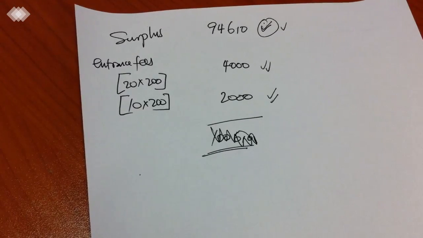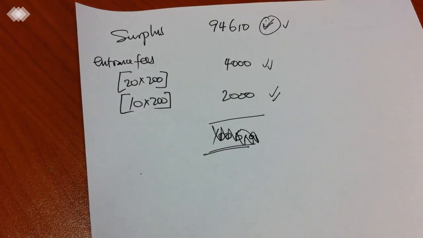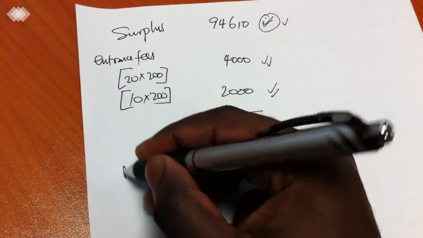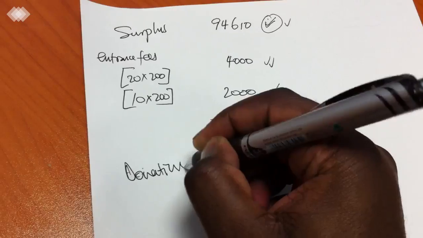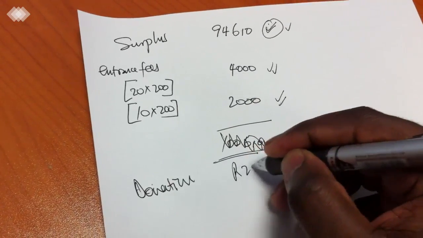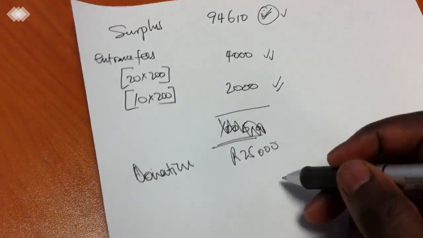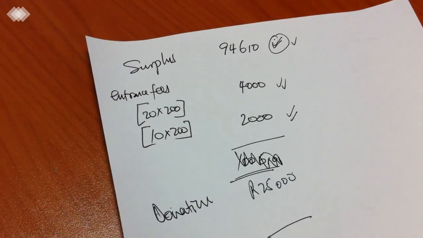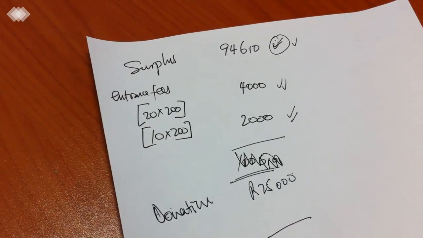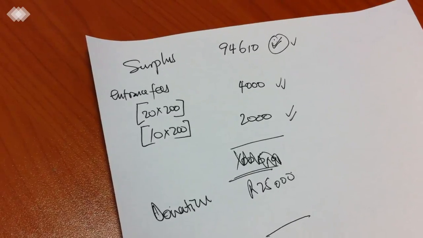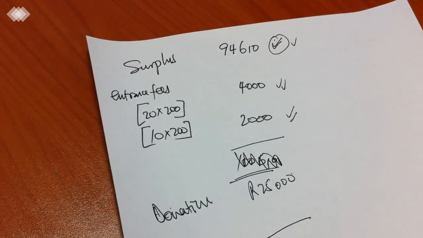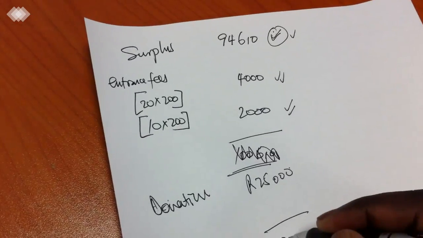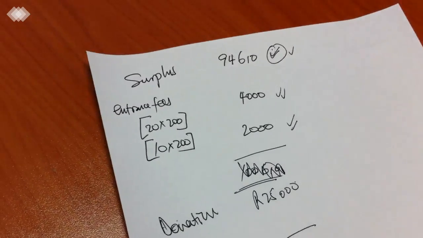And do we have a donation? Action Club donated 25,000, isn't it? So we have a donation of 25,000. If you were to add all these, it would give you 125,610.